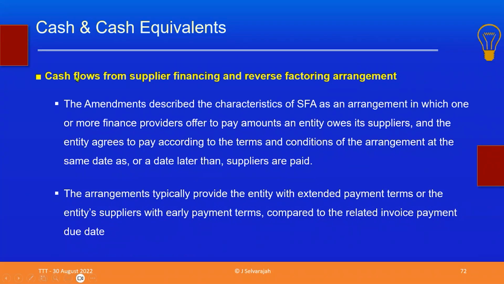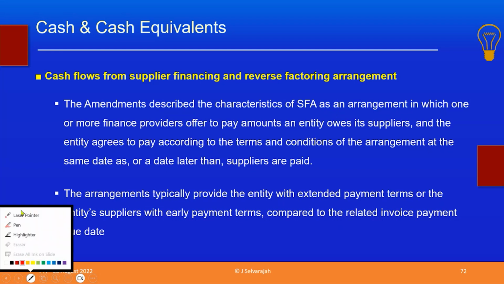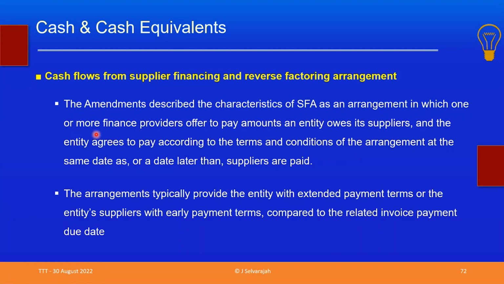So these amendments, when you talk about cash flow from supplier financing, or sometimes called reverse factoring these days, describe the characteristics of supplier financing as an arrangement in which one or more finance providers offer to pay the amount an entity owes to the supplier.